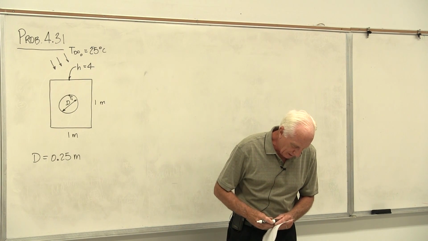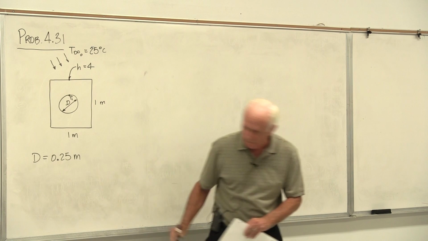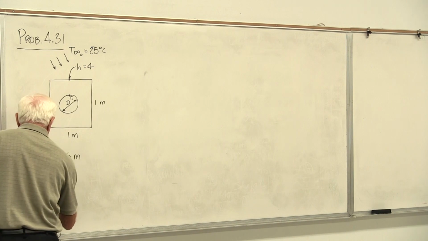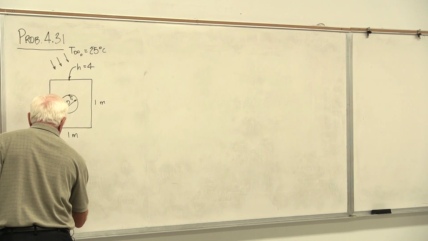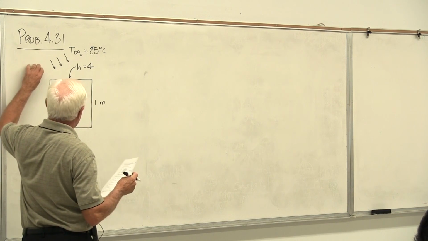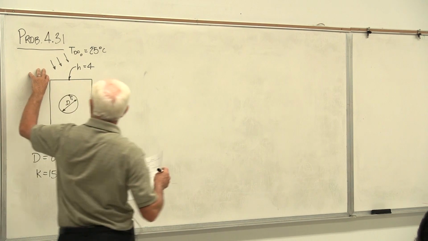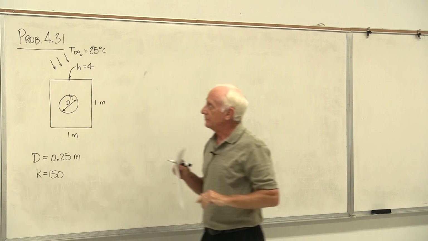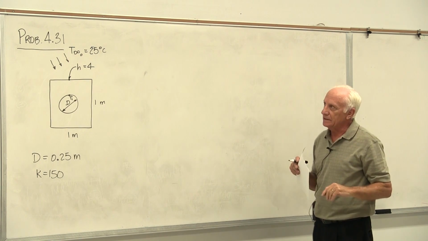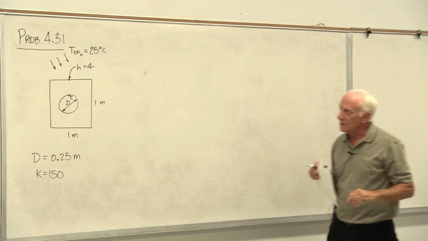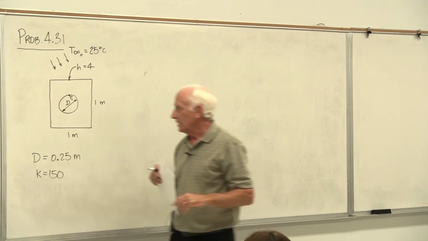The material of the block has a K value of 150. There's convection on the outside of all 4 sides. Convection to air, air's at 25 degrees. Convection coefficient 4 watts per square meter degree C.